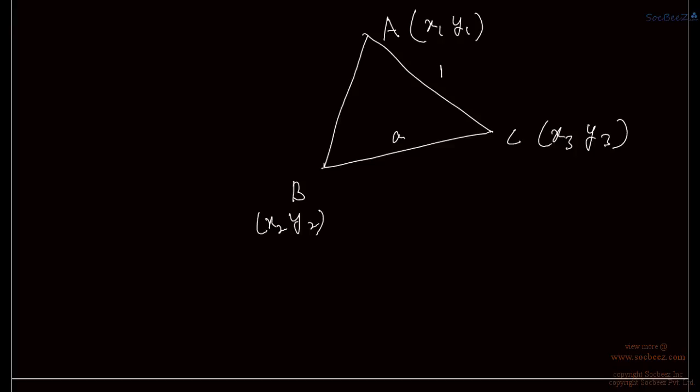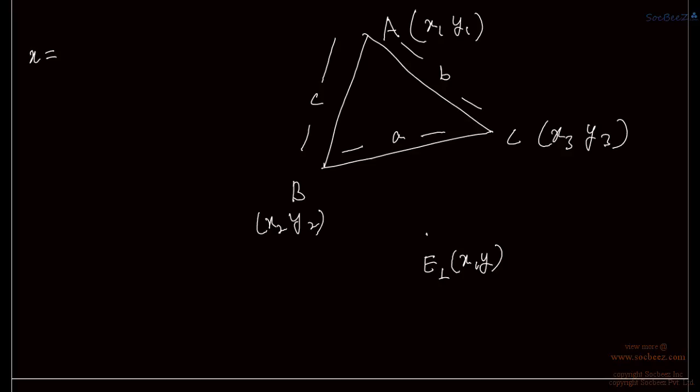This is side length a, this is side length b, and this is side length c. E1, let me name it as (x, y).